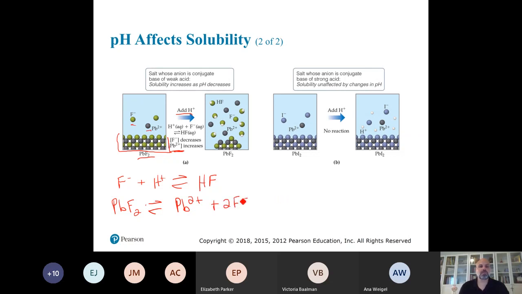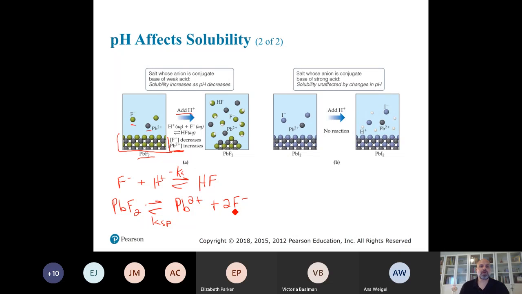This is the KSP, and this is the reverse of the Ka equation, so minus the Ka, right?